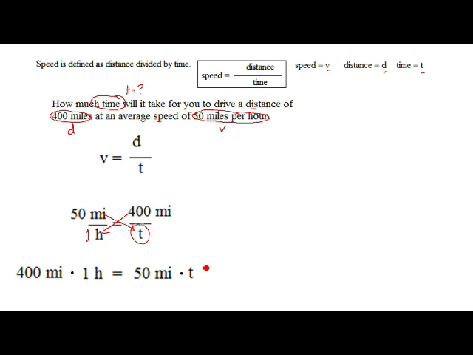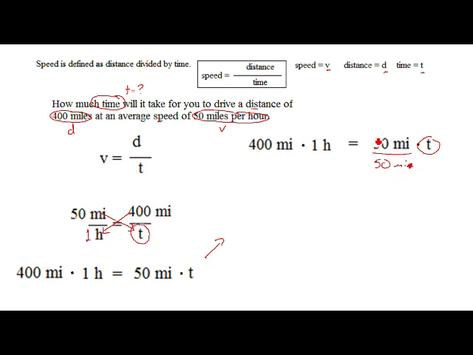I move that up over here so we can finish this out with some room. Now we want to get the time over here all by itself, so we divide this side by 50 miles. Whoops, sorry about that, 50 miles, not minutes. It makes a difference.